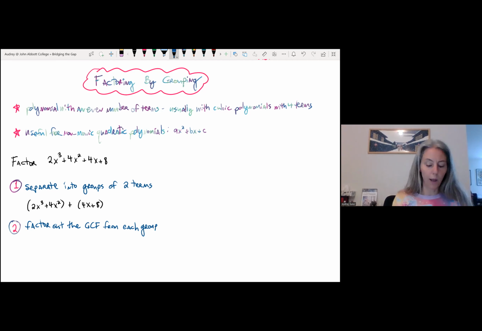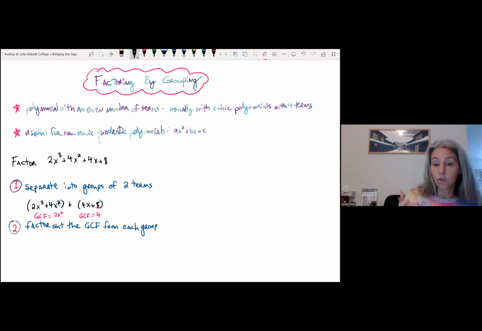In my first group, 2x cubed plus 4x squared, the lowest power of x is 2. I can think of 4 as 2 times 2. So my GCF here is 2x squared. In my second group, I can think of 8 as 4 times 2, and my GCF is just equal to 4.